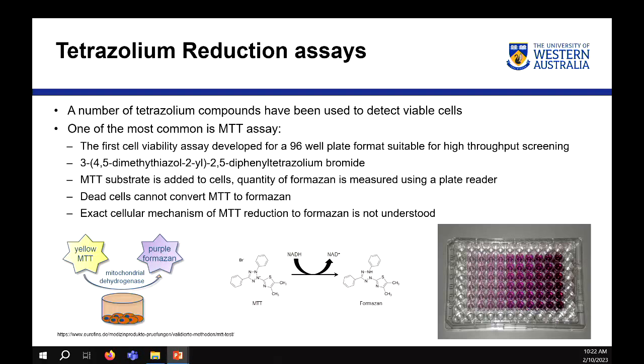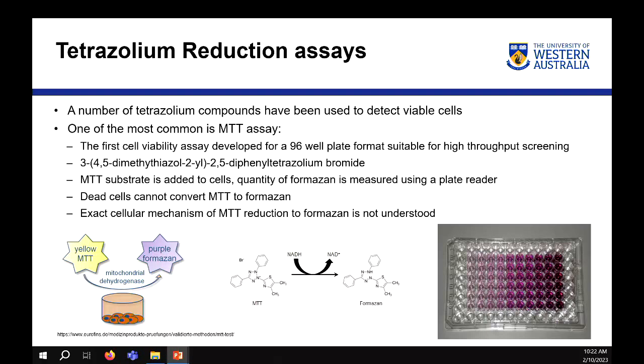You add the MTT substrate to cells, and MTT is yellow, as shown here. The mitochondrial dehydrogenase, if the cell is still metabolically active, converts MTT to purple formazan.